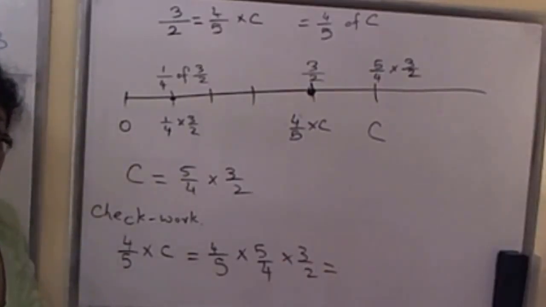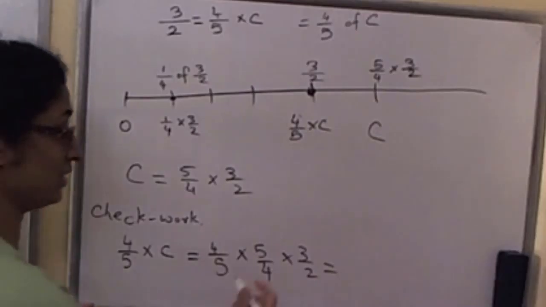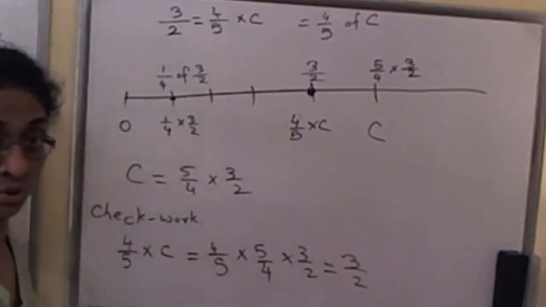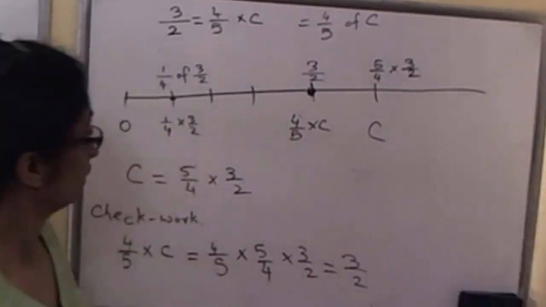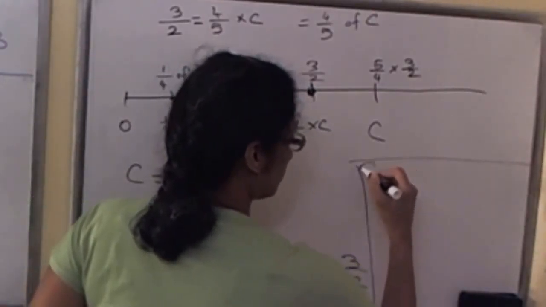You can use the product formula for multiplication, the cancellation law, and you'll very easily see that this expression is simply the same as 3 over 2. So what we notice is that this C satisfies this equation.